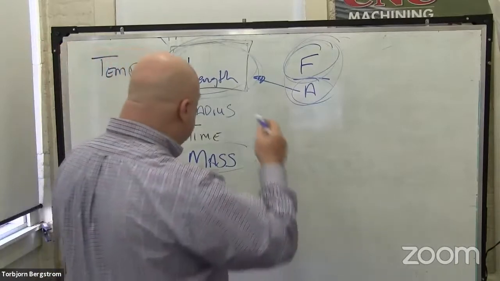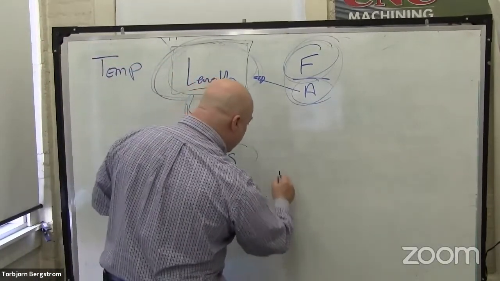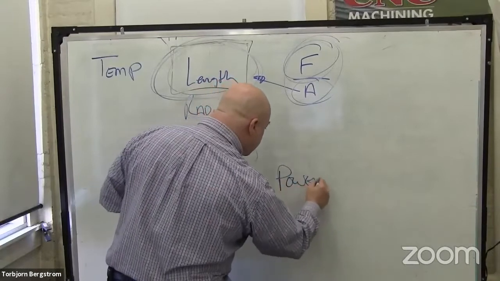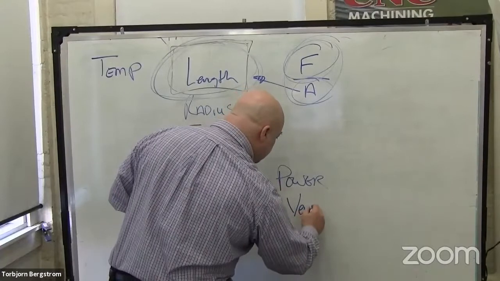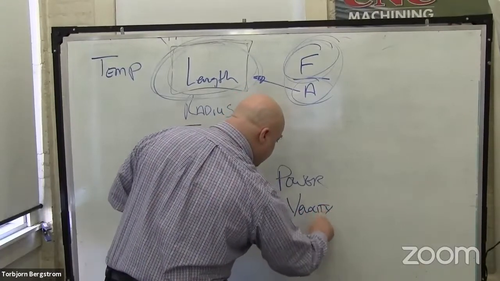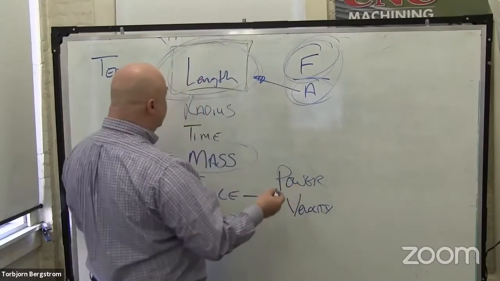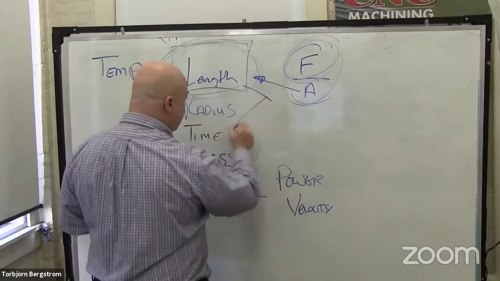The other thing that I think we've missed here is that we can get force by measuring power and knowing velocity, right? And we know the velocity because we decided what it was going to be, but velocity is just length and time.